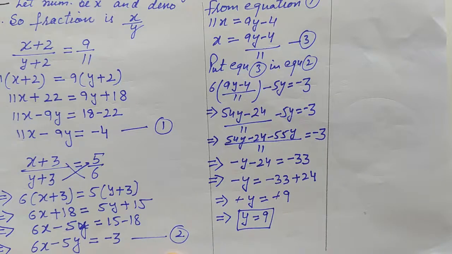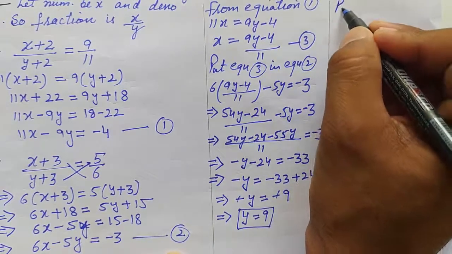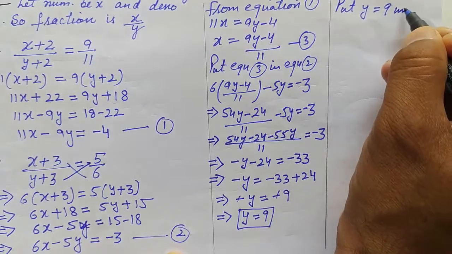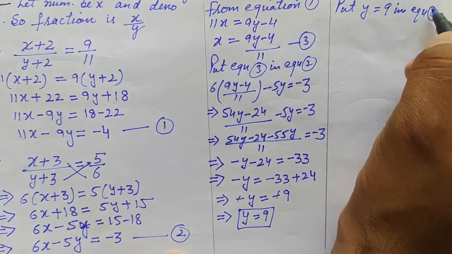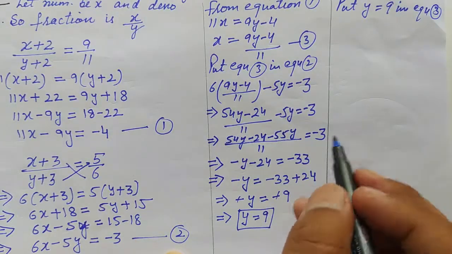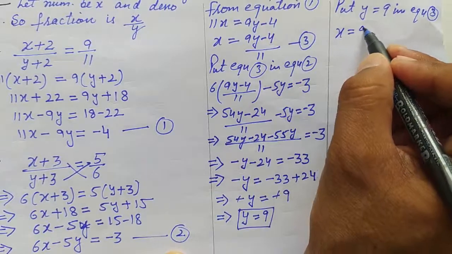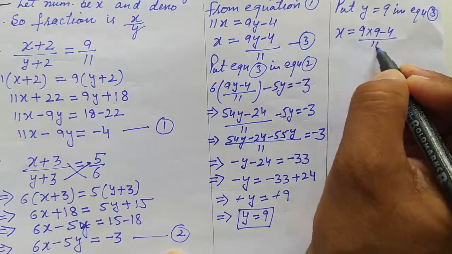So now we'll put the value of y as 9 in equation 3. So we'll put y is equal to 9 in equation 3. So see here, x is equal to (9 into y, that is 9 into 9, minus 4) over 11.